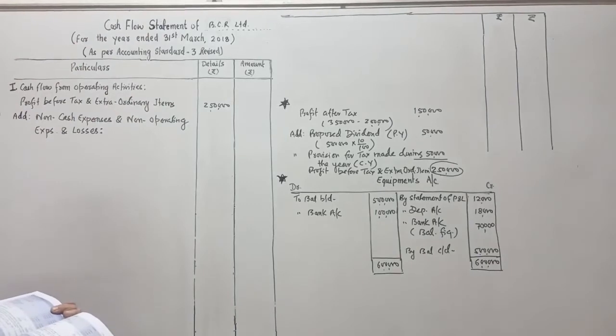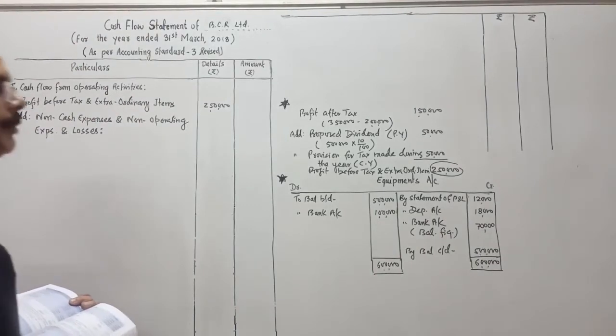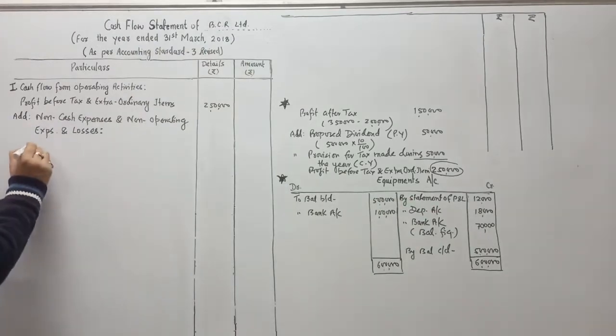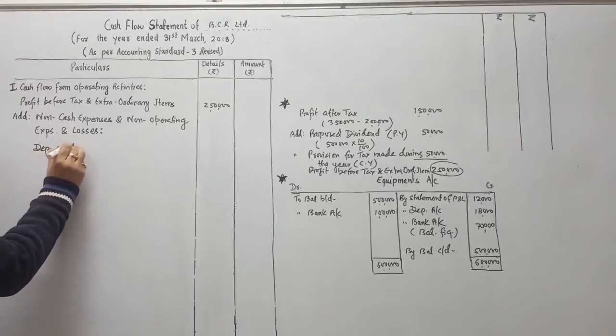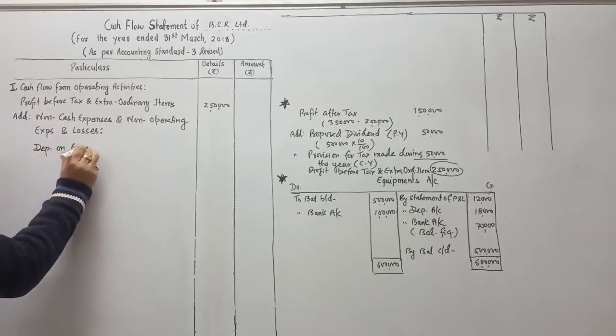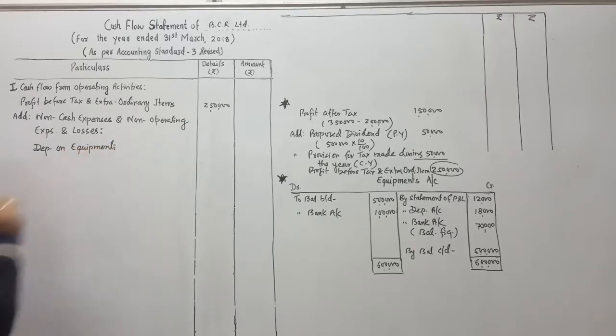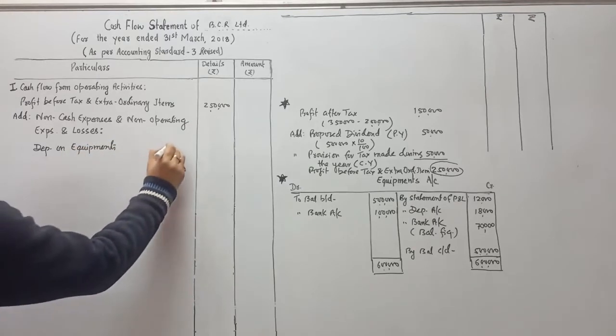Now coming to the non-cash expenses. Number one is depreciation. This is a non-cash expense. So we will write depreciation on equipment, which is 18,000.